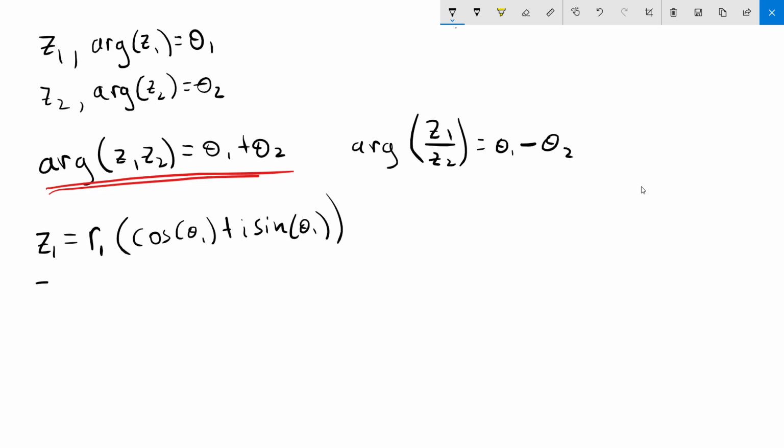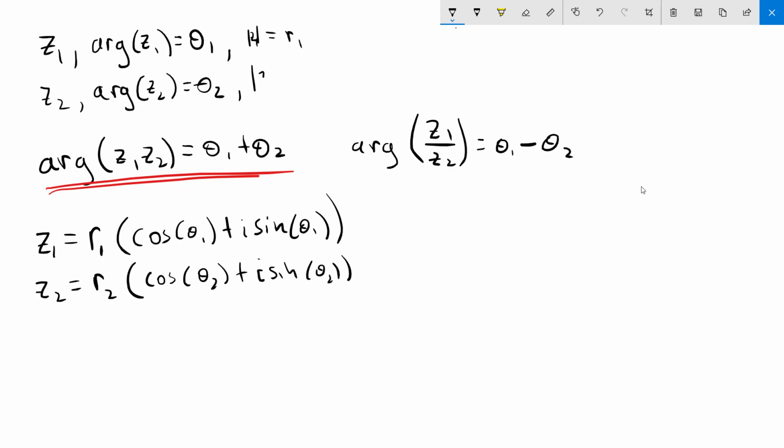And we're going to say z2 is equal to r2 times cosine of theta 2 plus i sine of theta 2. So just so we don't get confused here, I'll say modulus z1 equal to r1, modulus of z2 equal to r2.